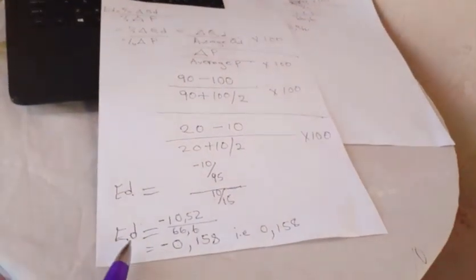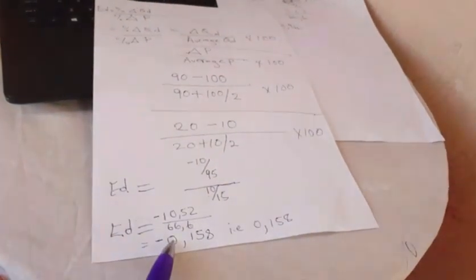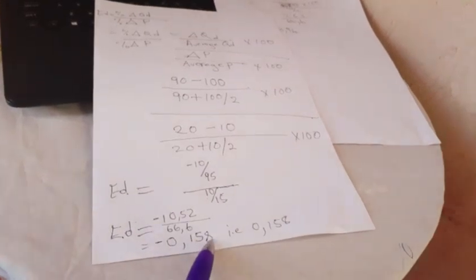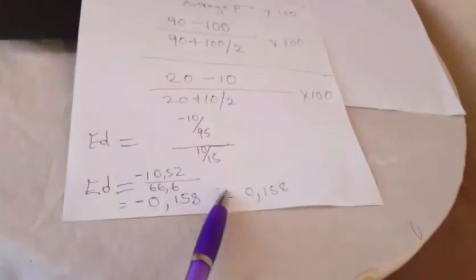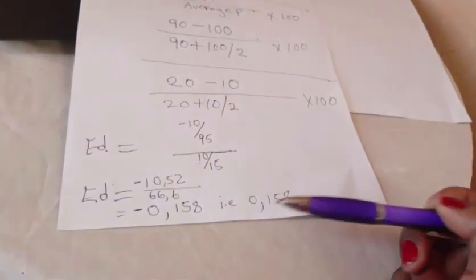All of this now gave me elasticity of demand, which is negative 0.158. Now we will write that as a positive 0.158.